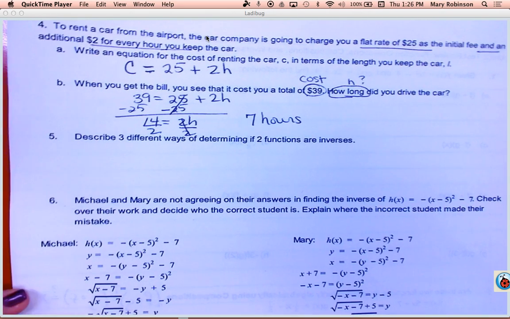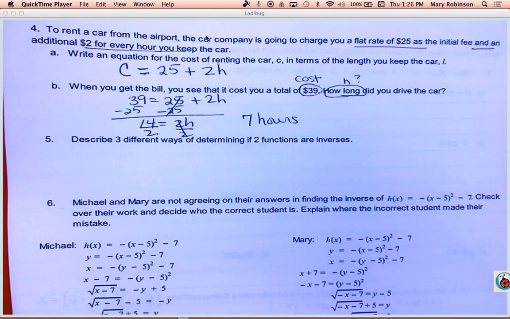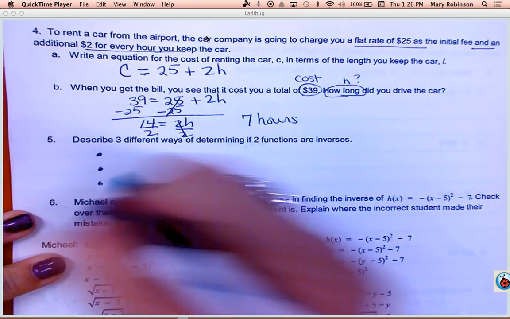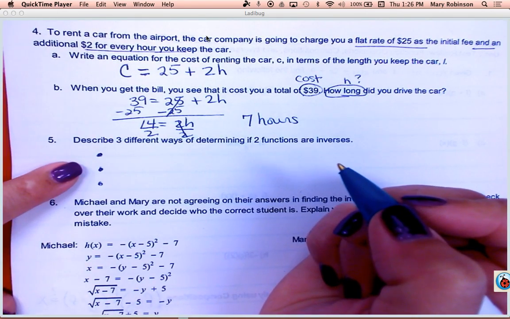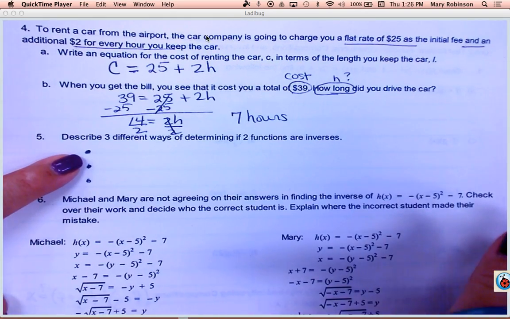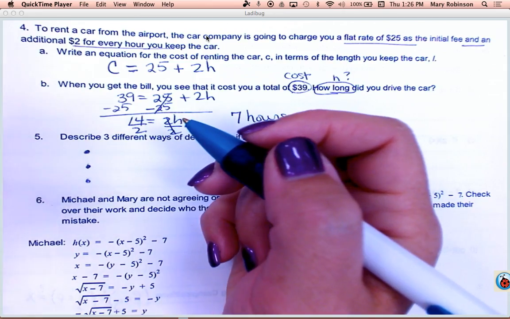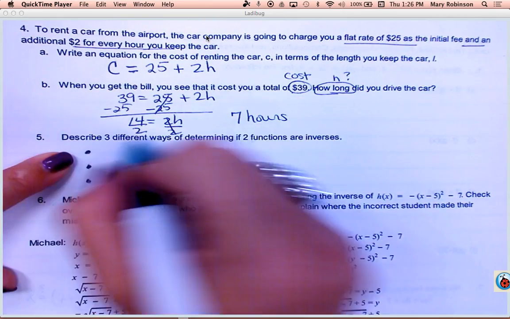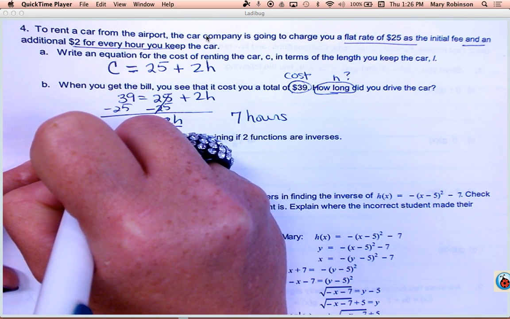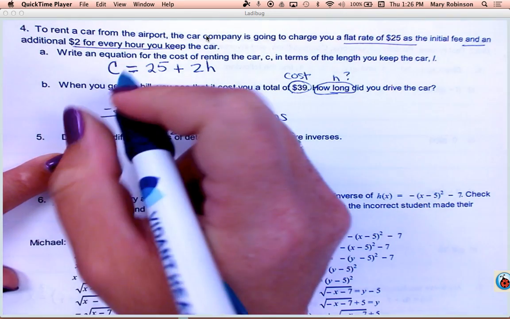Next, part 5 says, describe 3 different ways of determining if two functions are inverses. And I recommend you make a bulleted list here. If you think back to the very beginning of when I taught you about inverse functions, we talked about the fact that the domain and range are switched, or the x and y's. So to determine if two functions are inverse, we could graph it in our calculator and check the table.